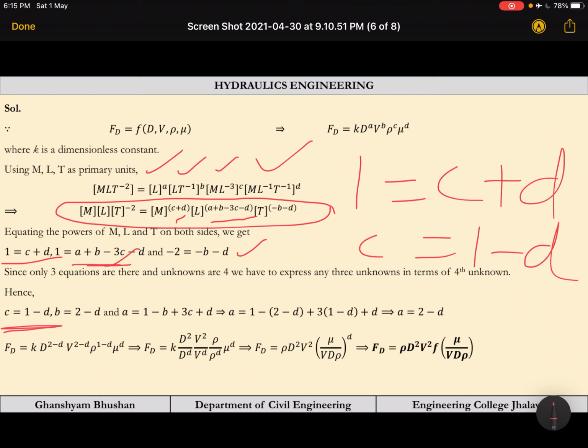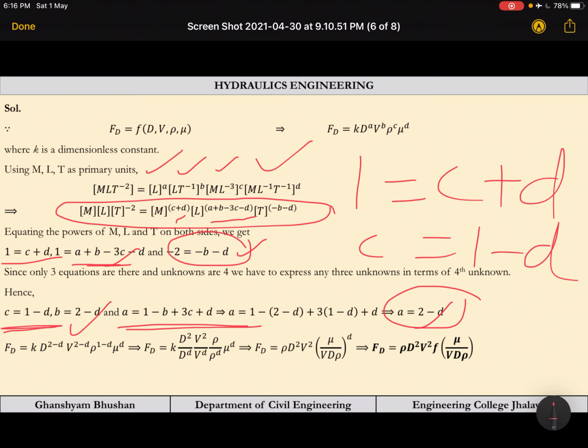Similarly, from the third equation you will get b is equal to 2 minus d, and after solving the remaining equation and putting in all the values, you will find a is also 2 minus d. Clear? So a and b have the same power.